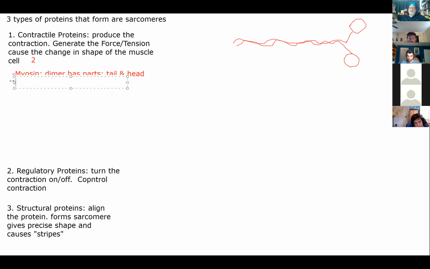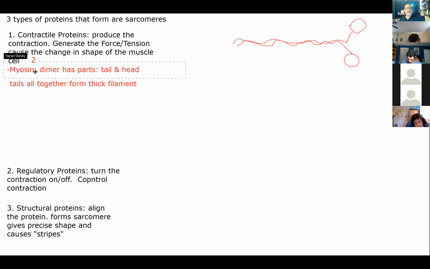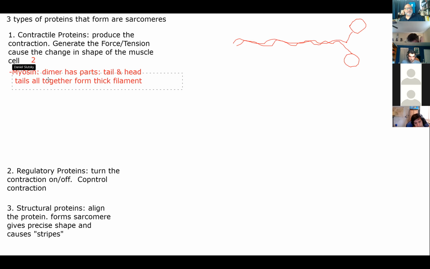Hundreds, if not thousands of these are put together, and the tails all together form a big, thick, massive protein that is called the thick filament. So when we talk about these proteins, they're thin and thick filaments, and it is the myosin that produces this big, huge, thick filament.